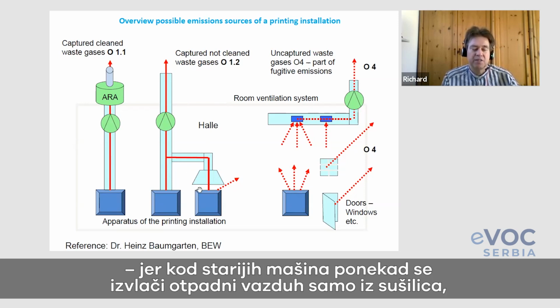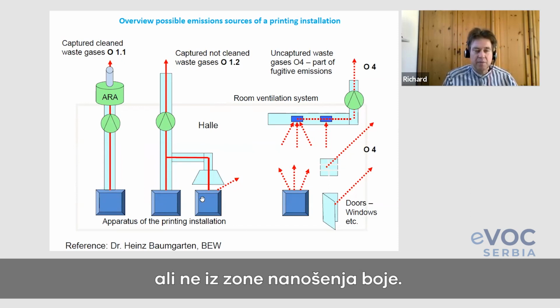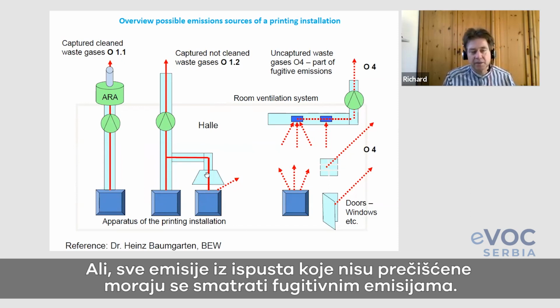Sometimes in older machines, only the dryers are extracted and fed to the waste gas abatement, but not the application zone. So that can be from the application zone. But do you remember, all that stack emissions that are not cleaned, we have to consider as fugitive emissions.